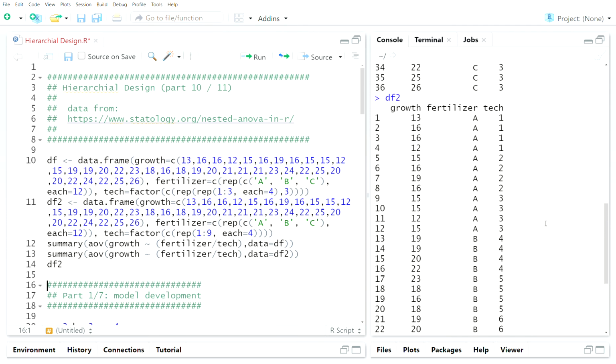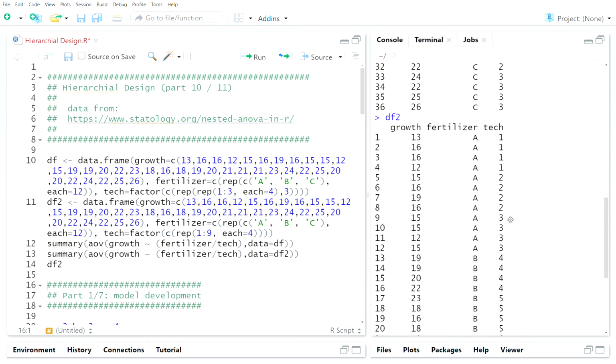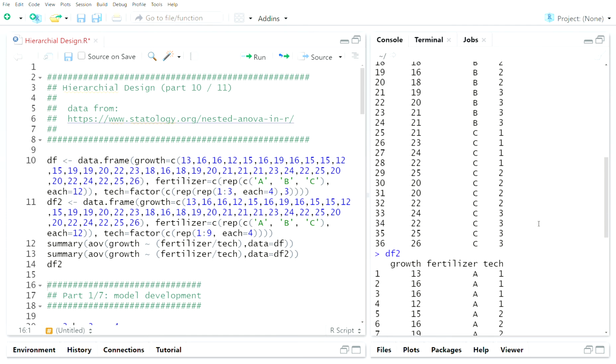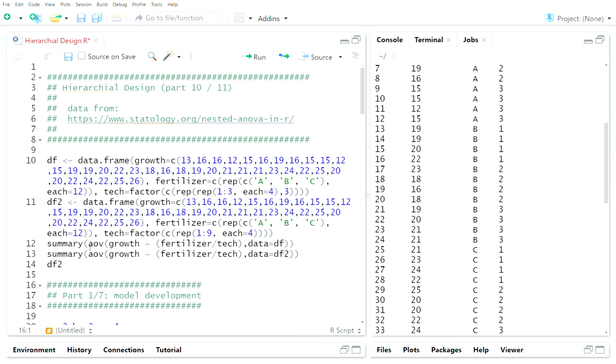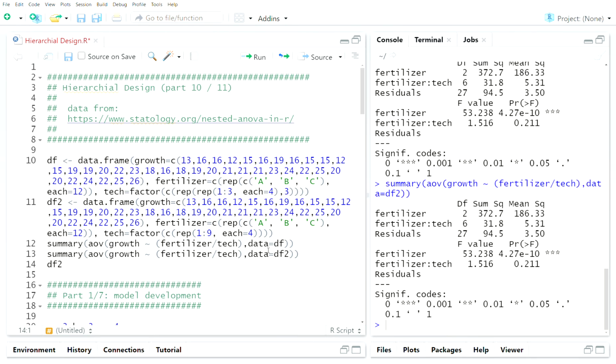Now, usually they go with the first approach where they just relabel them 1, 2, 3, 1, 2, 3. But here, if we run the analysis using the data set DF and the data set DF2, the numbers are 100% the same. And it's because technician is nested within fertilizer that it doesn't matter.